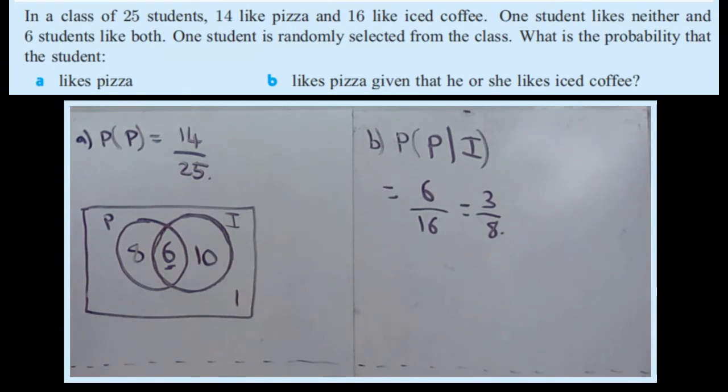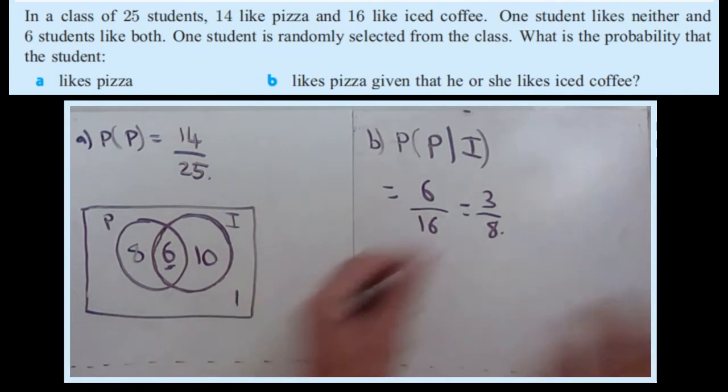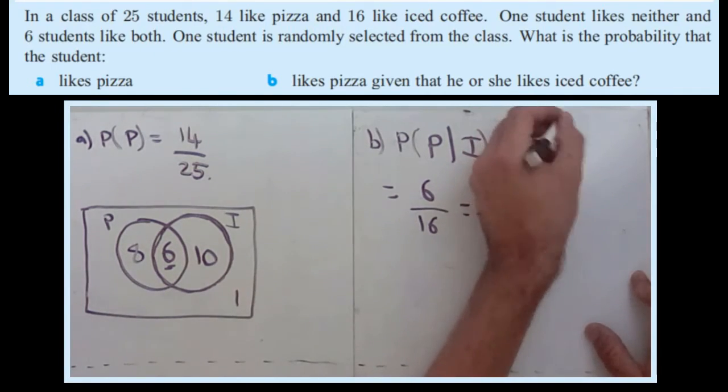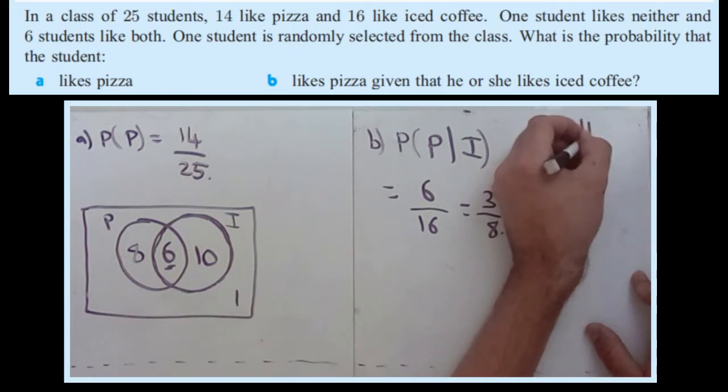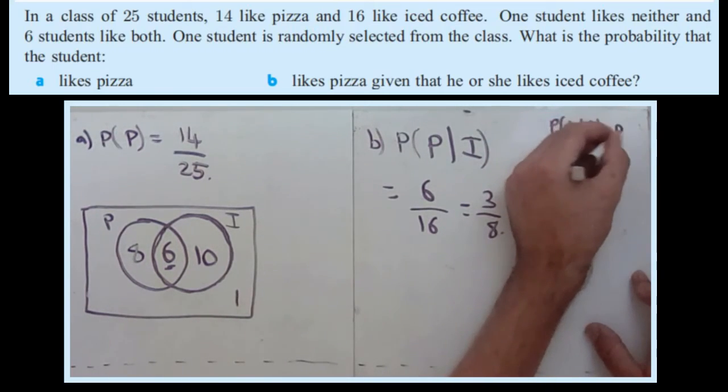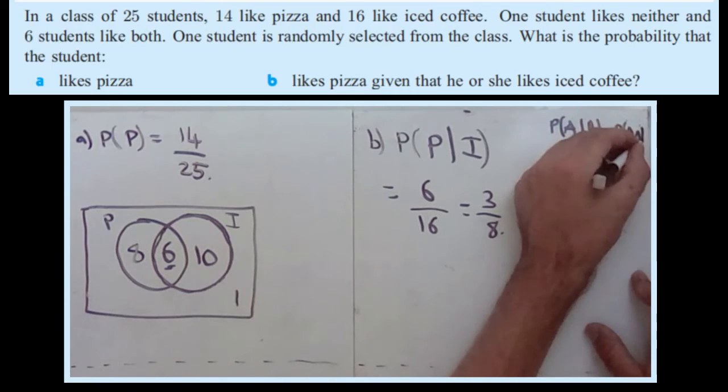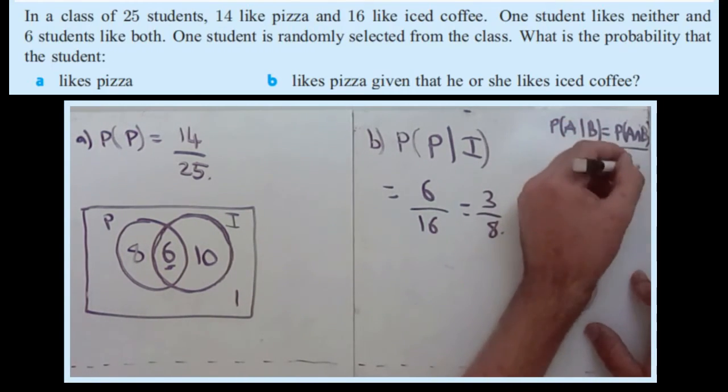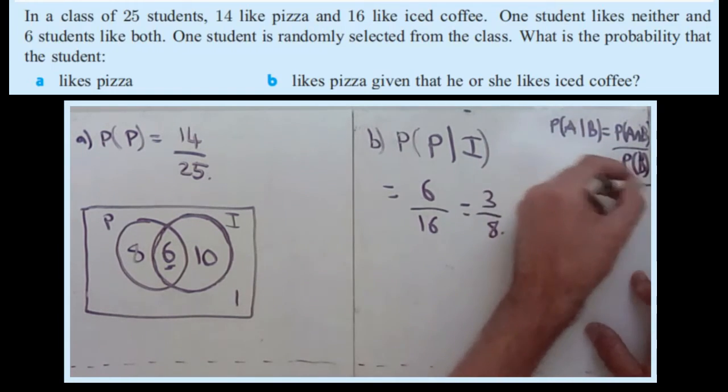Right, now using a formula, you will have to use this in some questions. In this one, we've just shown we don't have to use it. But this is a good one to remember. It's not quite in the formula sheet, not in this form anyway. So basically, the probability of A happening given that B has already happened equals the probability of both, so A and B, over the probability of the given one, whichever is given.